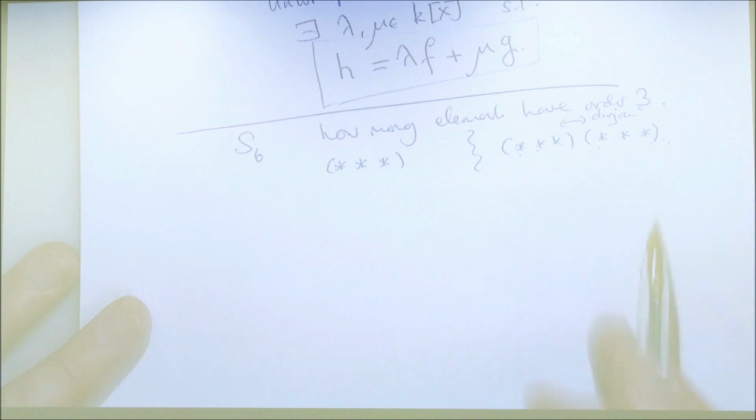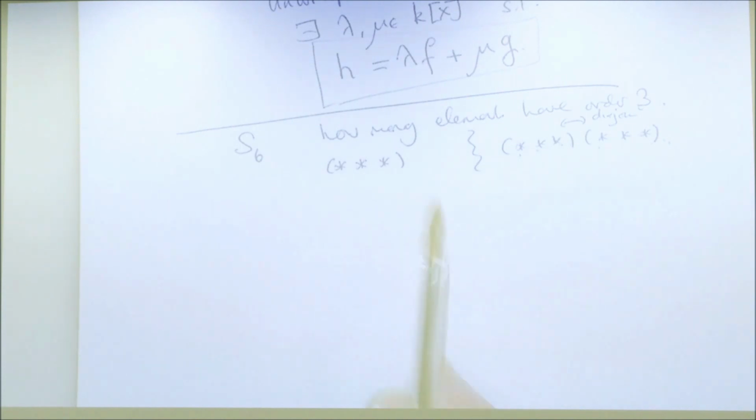All cycles involved are going to have to be divisors of 3 if your element's going to have order 3. Is that okay? So they could all be 1 cycles. In that case, you're dealing with the identity element of the group. It doesn't have order 3, it has order 1.